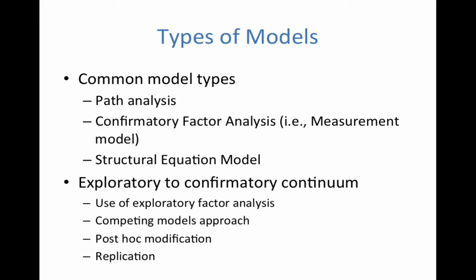You've got a latent outcome variable that is in the model, and that's when you've got SEM. But in many senses, these are just distinctions that we can make in terminology. I've touched on this point here about the exploratory to confirmatory continuum.